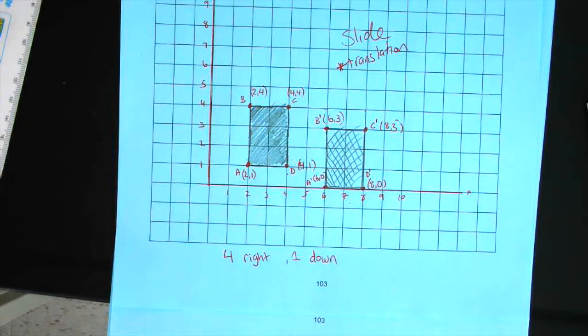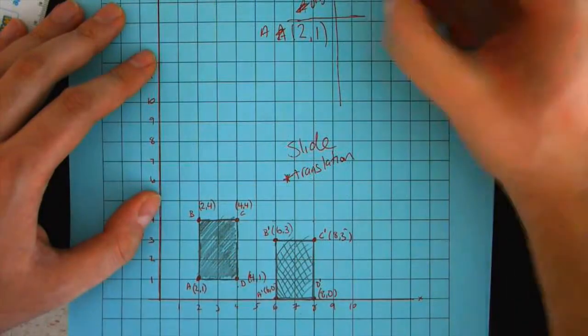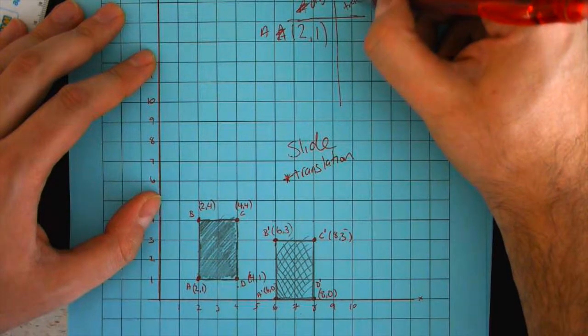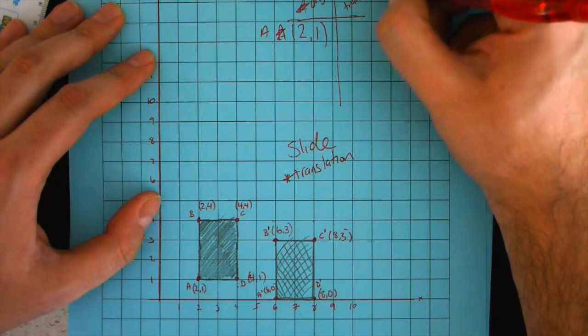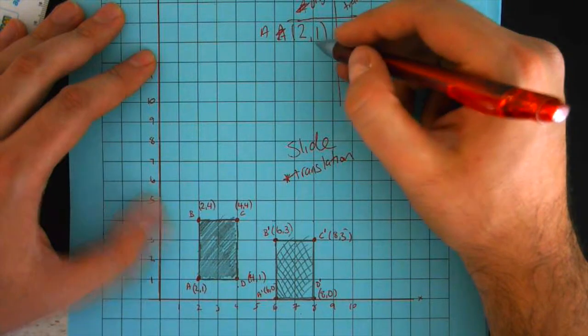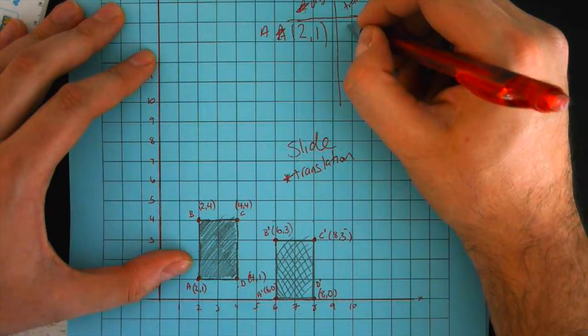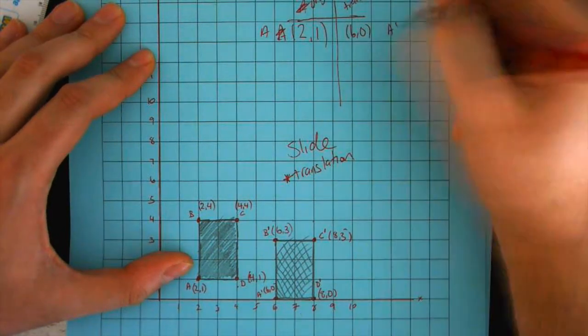Now what I want you to do is look at just the coordinates. Are we able to tell how far this shape has moved? So that's the original, and this is a translation. A is 2, 1. A prime is 6, 0.